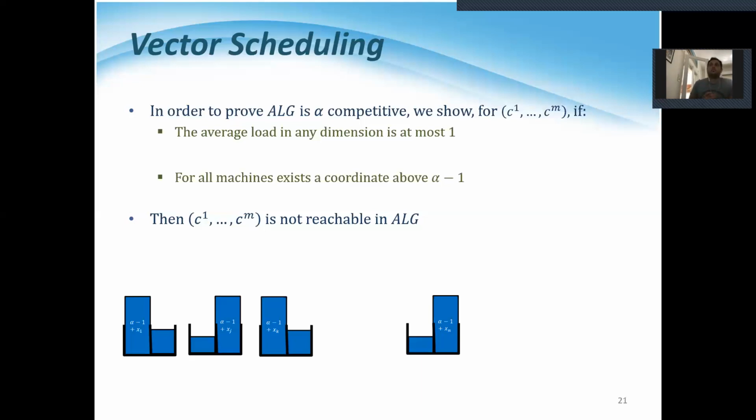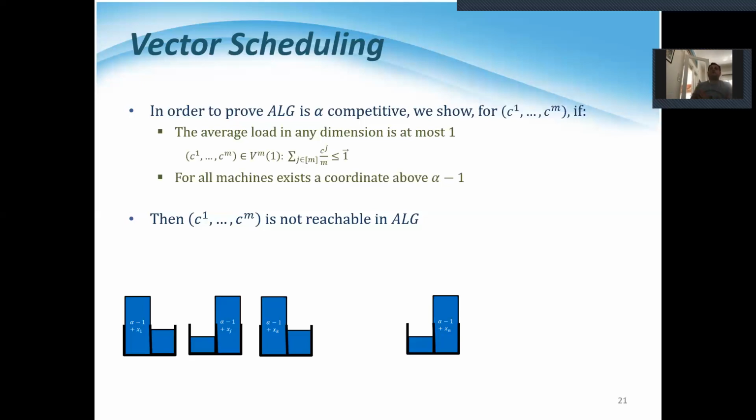Why is it correct? Because if there exists a machine with a coordinate above alpha minus 1 and the next vector is (1, 1), then assigning the (1, 1) will overflow the competitive ratio guarantee. And therefore, by ensuring that we don't reach this state, we know that after all the assignments, we are still alpha competitive. Okay, so we use a binary diagram in order to explain it.